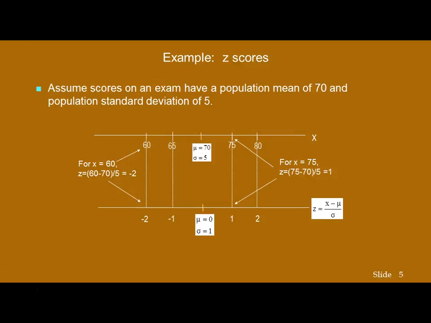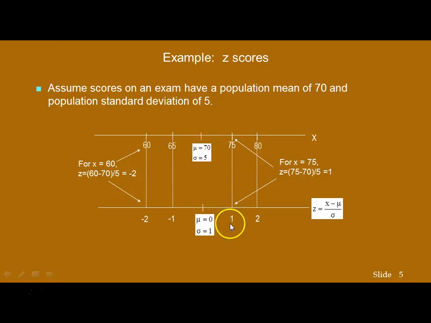Here's a little chart also kind of explaining it to you using the same illustration. We have a population mean of 70, standard deviation of 5. So we've got an x variable, grades on the test, with a mean of 70, standard deviation of 5. In a sense, what the z-value does is it's going to convert this axis. It's going to do a transformation. We're going to take x and convert it to z by taking any number x, subtracting the mean, and dividing by the standard deviation. So for example, a value like 75. If you calculated the z-value, take 75 minus 70 over 5.